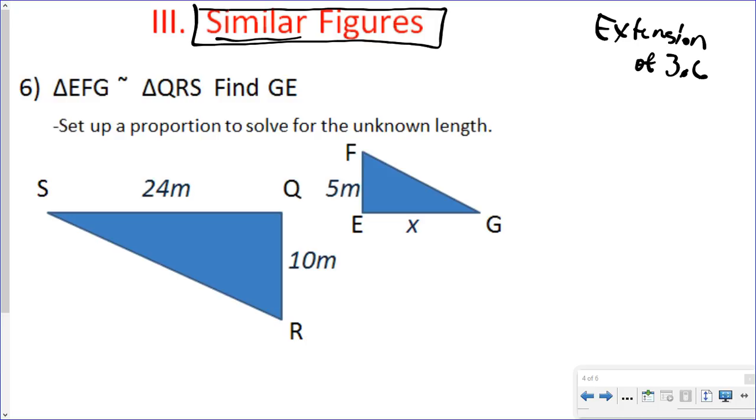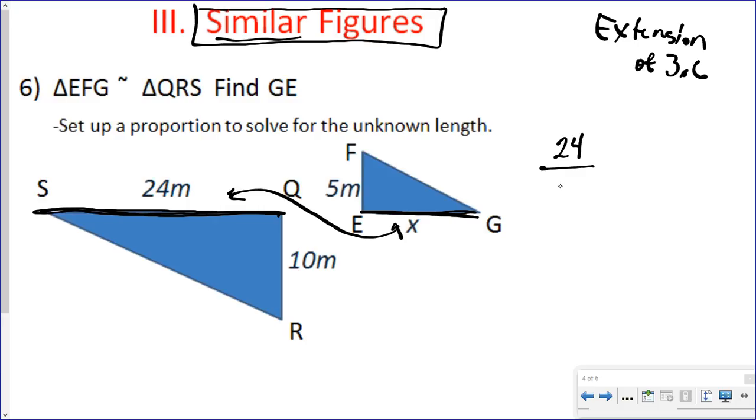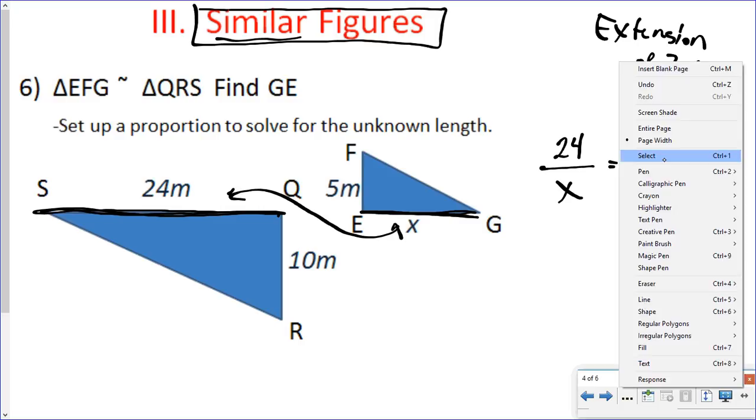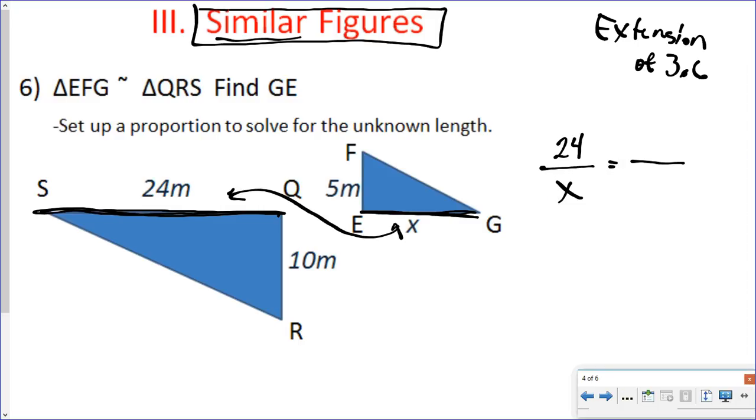Here I've got a triangle, and this side QS matches up with EG. There's a connection between these two. And so I'm going to write that as a ratio, 24 over X. And that will be equal to the same connection that is between other corresponding sides.